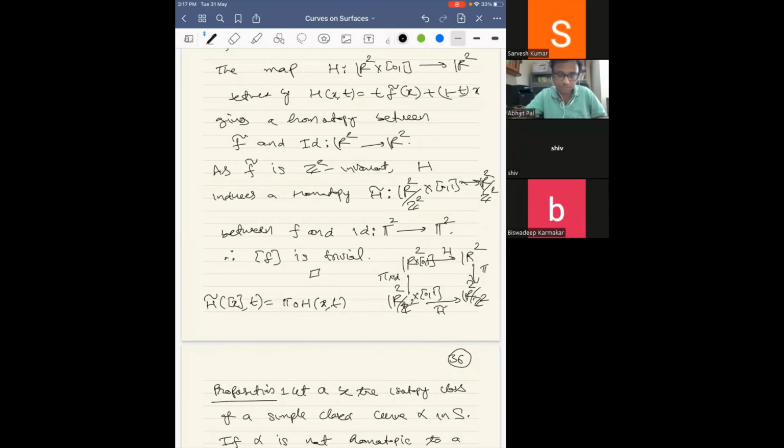Since both are on the same image, they differ by deck transformations.